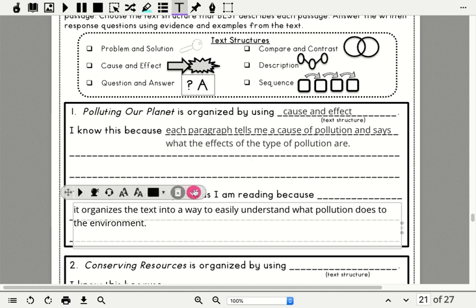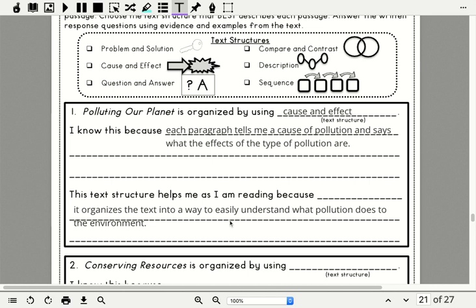Okay, so now we're going to go on to our other story, which is conserving resources. Okay, now again, when I'm coming up here, we have problem and solution. Okay, and it tells us okay, so it's kind of separated into paragraphs.